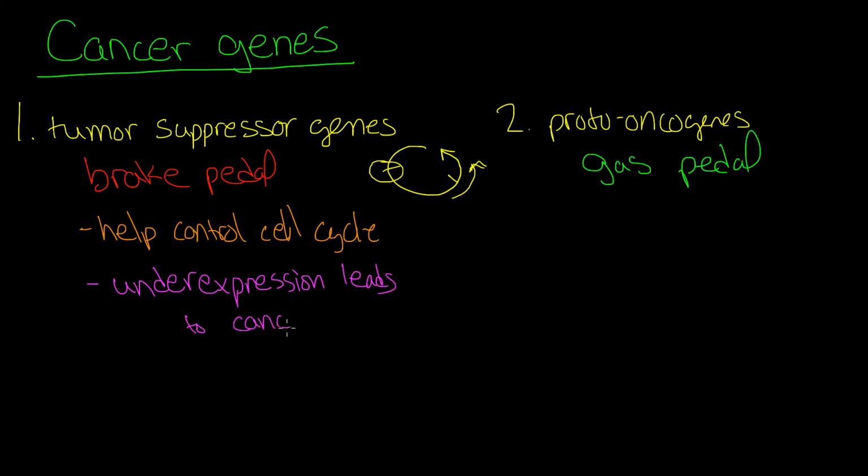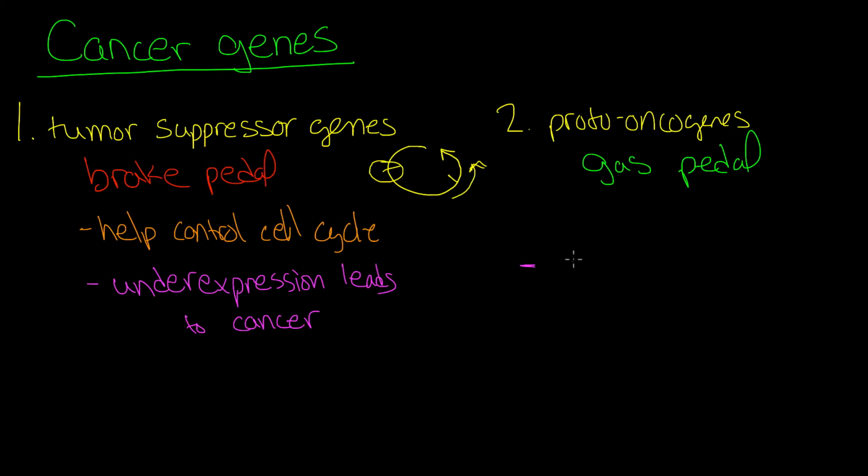If we don't have enough tumor suppressor gene or enough of the protein produced by a tumor suppressor gene, so essentially the tumor suppressor gene is not as active as it should be, that's when we can get cancer. Because then it's really easy for the gas pedal. If there's no brake, it's like you're going down the freeway and all of a sudden you don't have any brakes. You could go out of control pretty easily. So without the brake pedal, that protein from the tumor suppressor gene, cells can take off dividing and multiplying when you don't need or want them to.